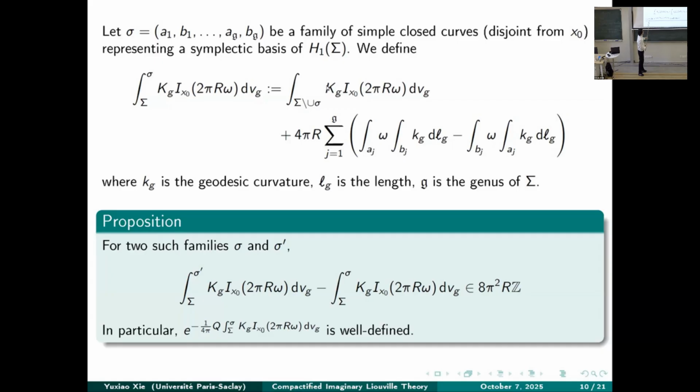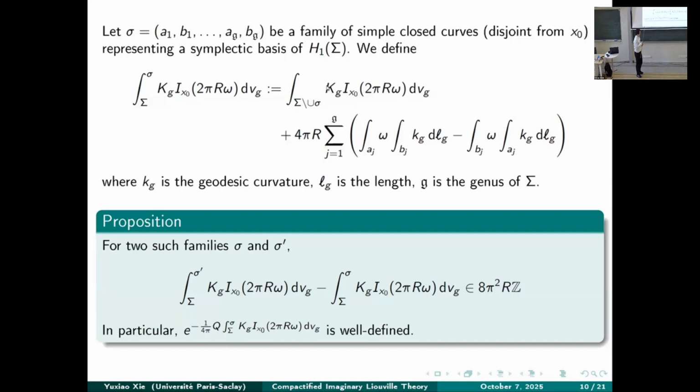And now the proposition is that if you change your family, you're going to arrive at something which is not exactly equal to your original integral, but it's only going to differ by some integral part. And in the end, this is going to mean that this exponential part is going to be well defined. So we have a definition for this part now.